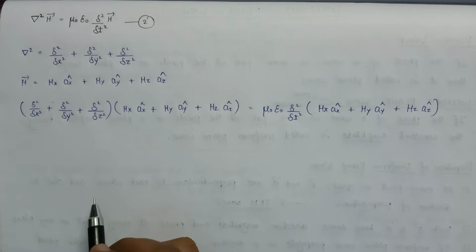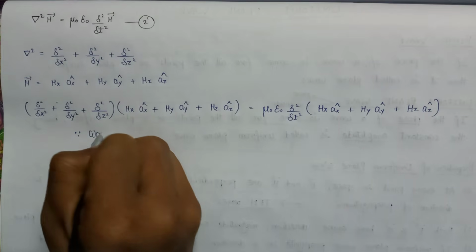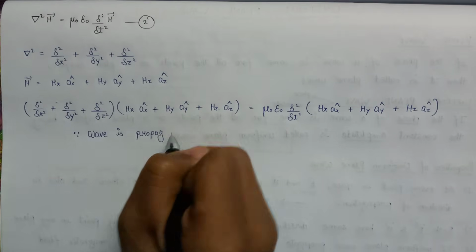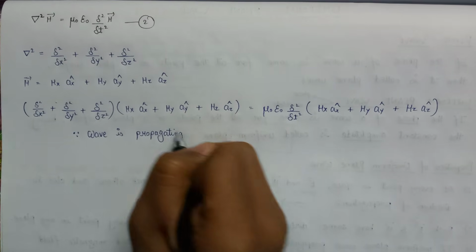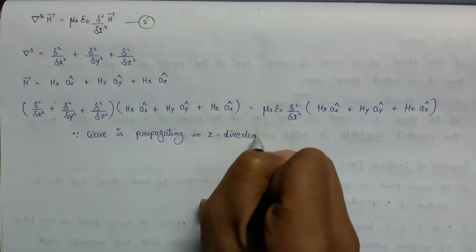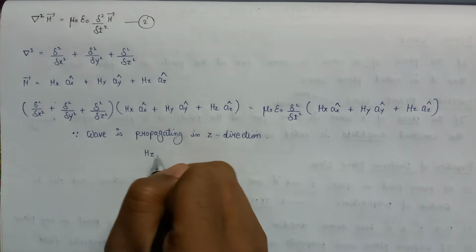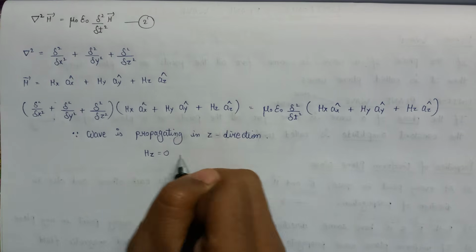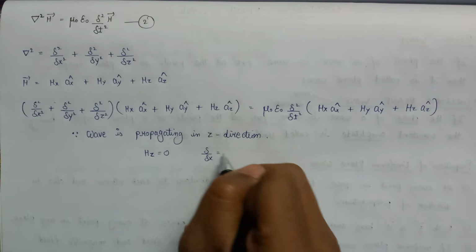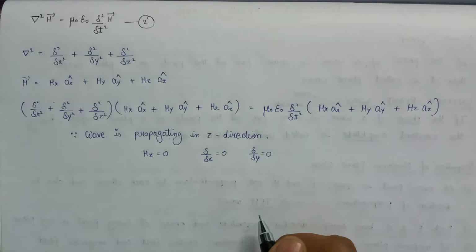Now we know that the wave is propagating in z direction. That's why we can say that the magnetic field component along the z direction will be equal to 0, and also del over del x will be equal to 0, and del over del y will also be equal to 0.